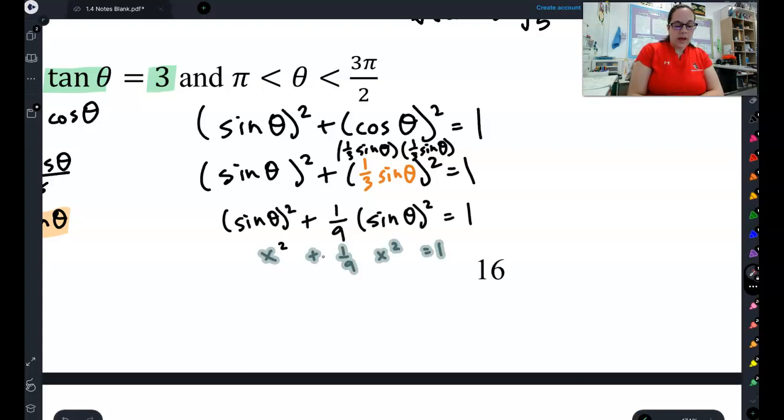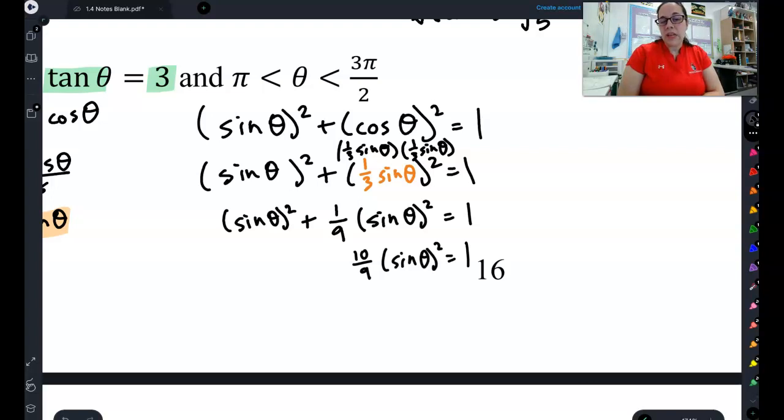So I can add these together to 10/9 sine of theta squared. I just changed those into x's so we can visualize it a little better. Now I can either divide by 10/9 or multiply by 9/10 to get sine of theta squared equals 9/10.